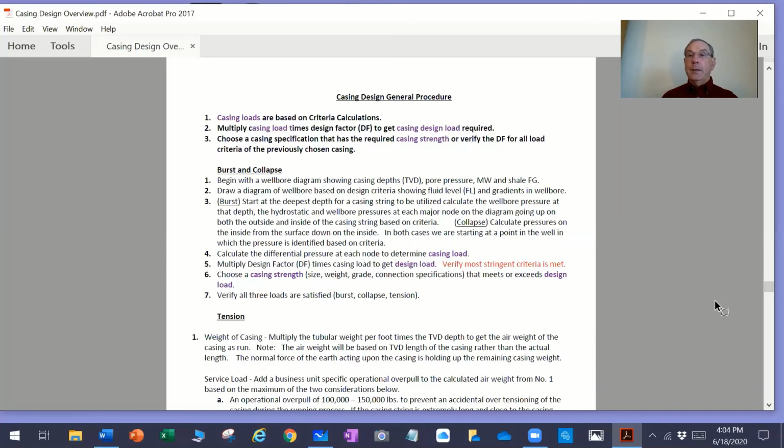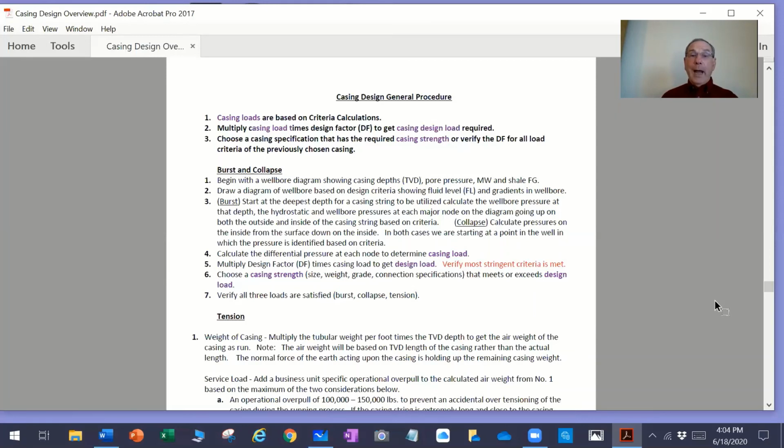On the outside, you have a pressure at that same depth of 4,000 PSI. Therefore, your differential pressure would be 8,000 on the inside minus 4,000 on the outside, which would give you a differential pressure at that depth of 4,000 PSI.